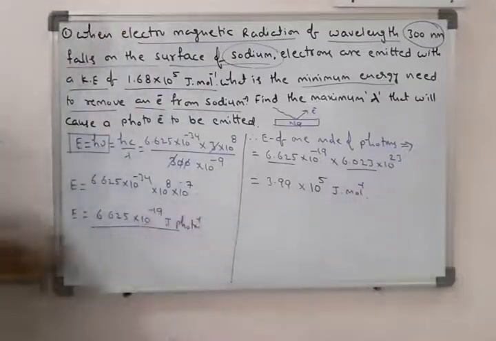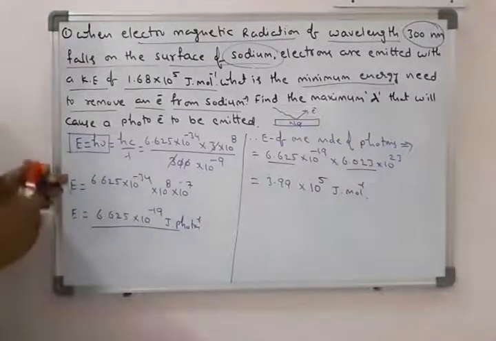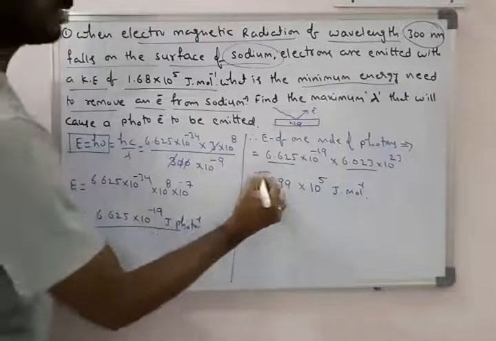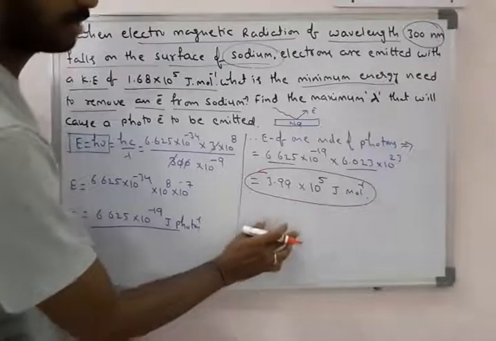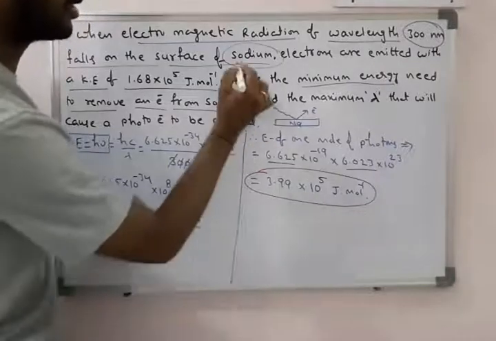So this is the energy of 1 mole of photons of light passed on the sodium metal.